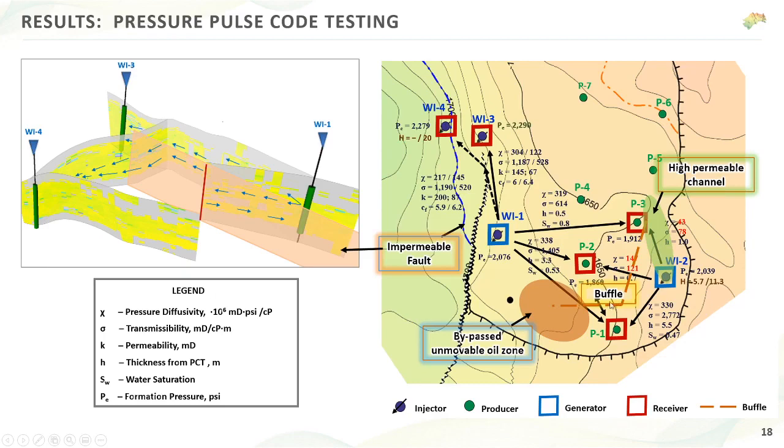And there is still a baffle here which also prevents the water from this well, for example, from coming to this southern part of the reservoir. So there is probably a bypassed oil zone here. So we confirmed that it is a nice place for an infill well.